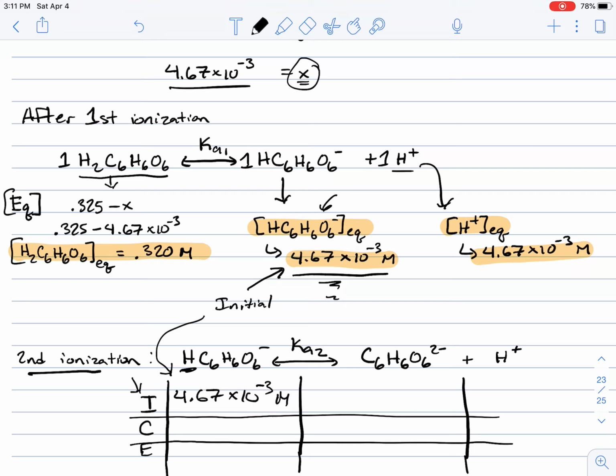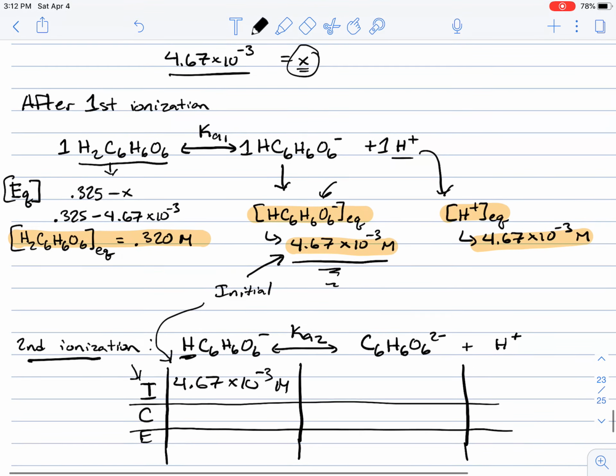Okay. And so for C6H6O6 negative 2, the conjugate base of this conjugate acid, notice that after the first ionization, we didn't really produce this compound, and nothing in the problem stated the initial concentration of this anion. So this is what we're going to blank out.